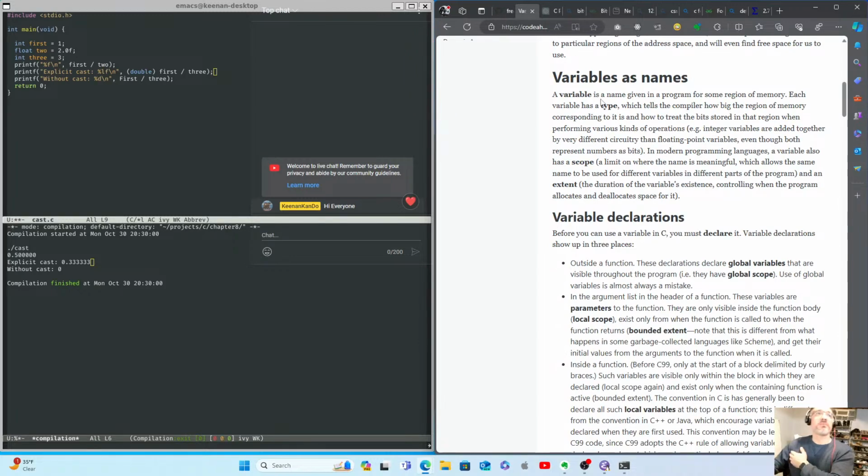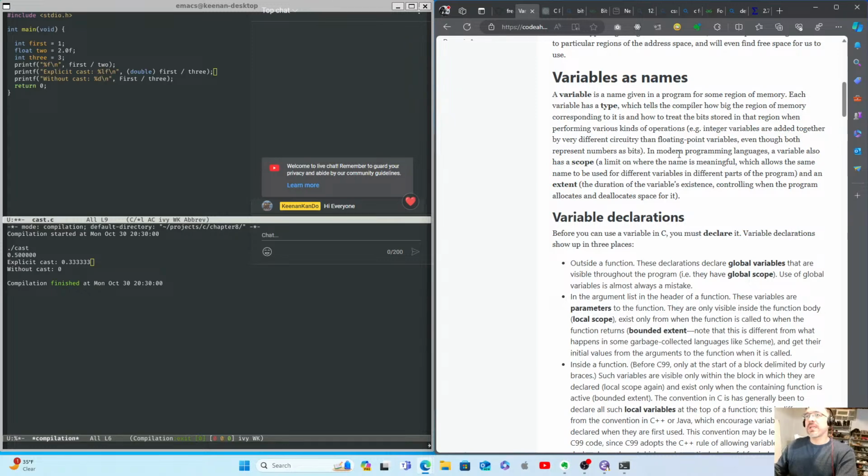Variables as names. A variable is a name given in a program for some region of memory. Each variable has a type, which tells the compiler how big the region of memory corresponding to it is and how to treat the bits stored in that region when performing various kinds of operations. Example: integer variables are added together by very different circuitry than floating point variables, even though both represent numbers as bits.